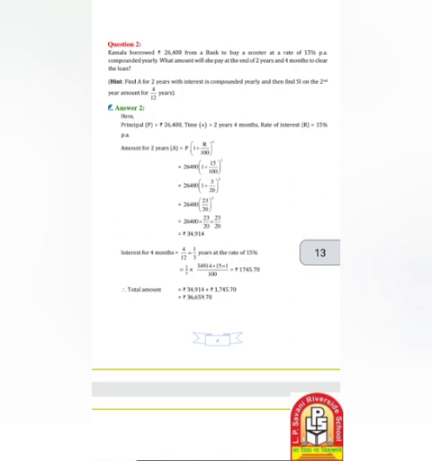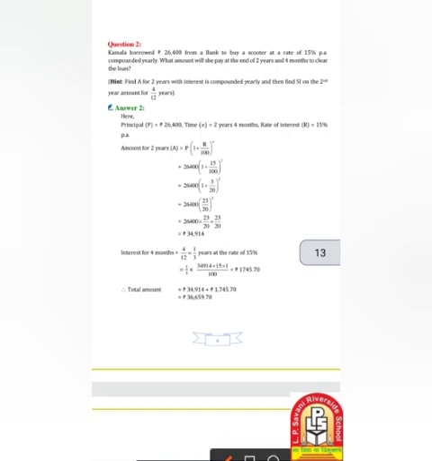So here P is equal to 26,400 and n is equal to 2 years and 4 months. R is equal to 15% per annum. So amount A is equal to P into the bracket 1 plus R by 100 raised to n. So 26,400 into 1 plus r, that is 15 by 100.